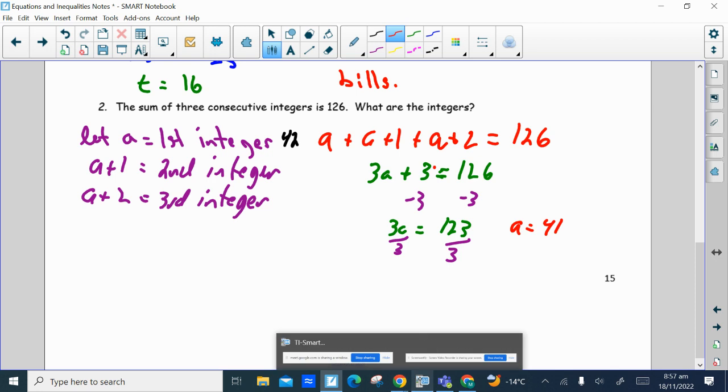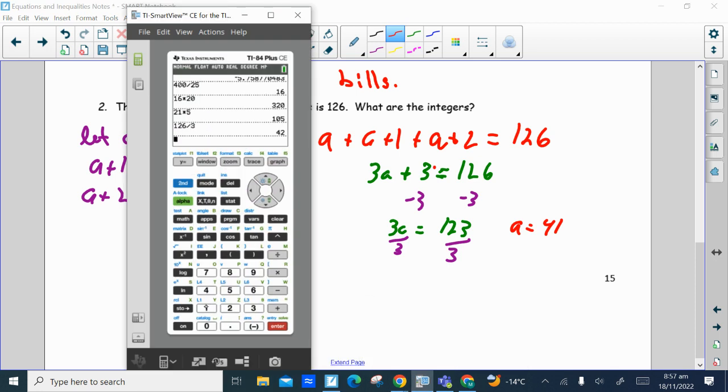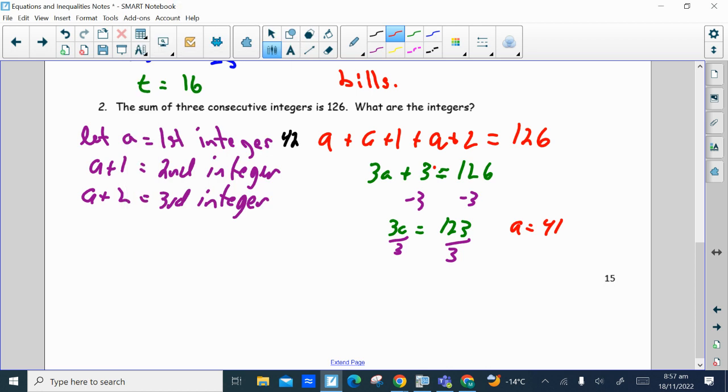Let's just check that. 123 divided by 3, 41. So now we found a to be 41. So now what's the next number, Arpit? Which is? And then, so that should be our 3 integers.